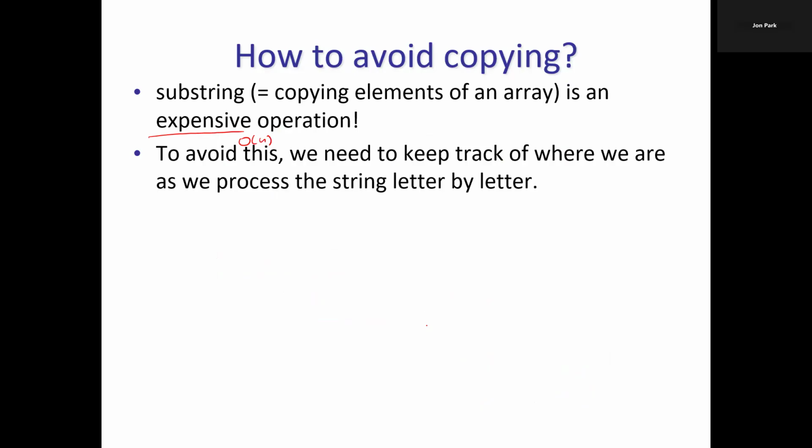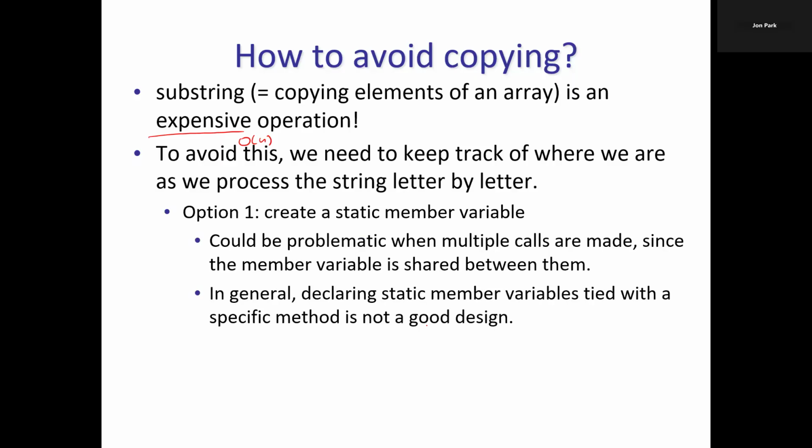Okay. So let's back up. If we try to avoid substring, that means we're going to keep the string intact and somehow keep track of where we are in the string. So one option would be a static member variable for the index, which resides outside of the method, say like index i, but it's static in the class.